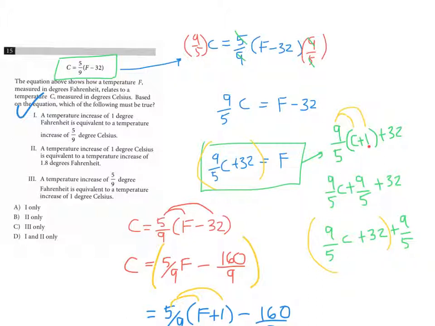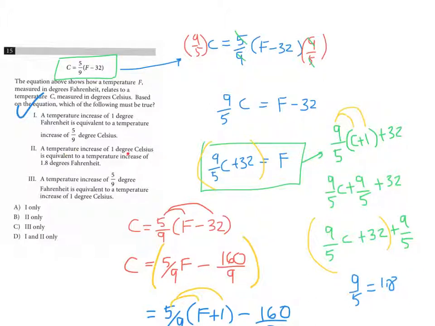But when we add 1 degree to the Celsius, what happens? We get this extra 9/5 of a degree, right? Well, 9/5, if you were to work that out, either by turning it into a mixed number or doing long division or whatever, with decimals, you would realize that 9 over 5 equals 1.8, definitely. So Roman numeral 2 is also true.